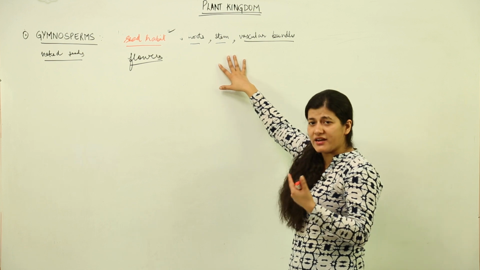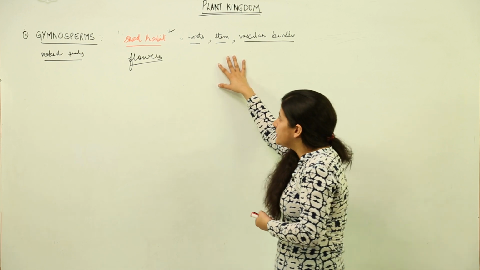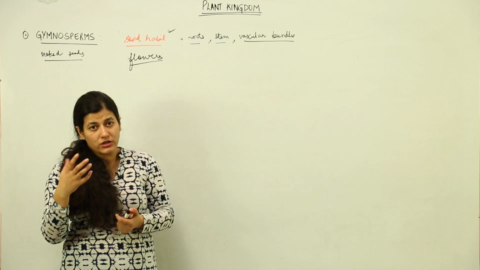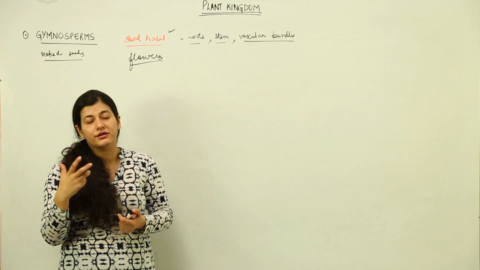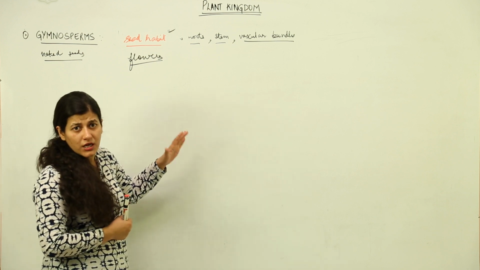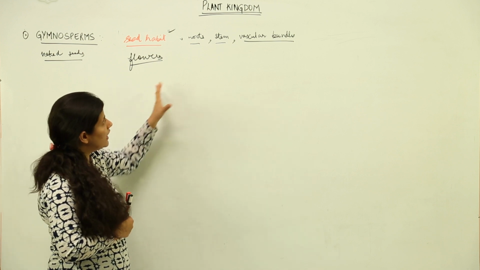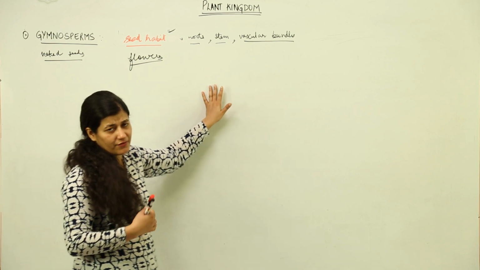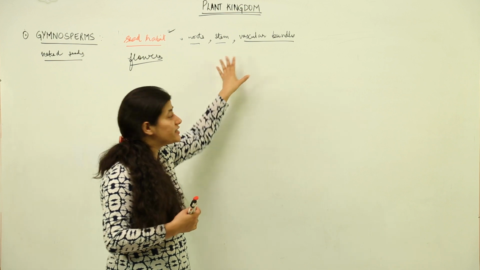They have stem that is woody. You might have seen the plants which are present in snowy areas, the gymnosperms. You might have heard about conifers. So basically those conifers are gymnosperms only. They have woody stems, that is they have a well developed xylem and phloem present in them.